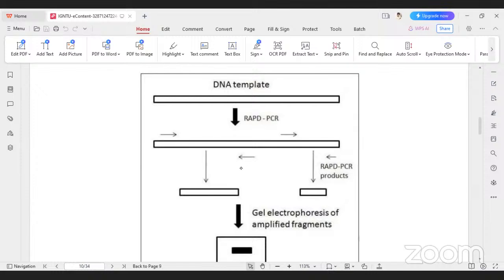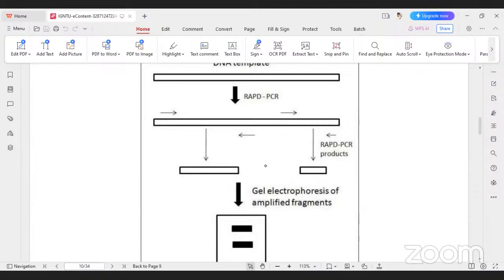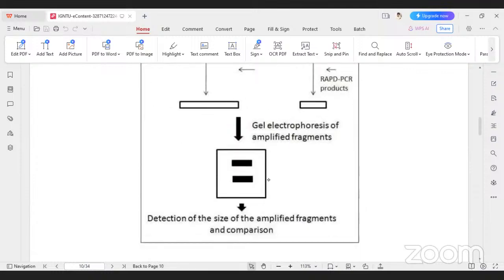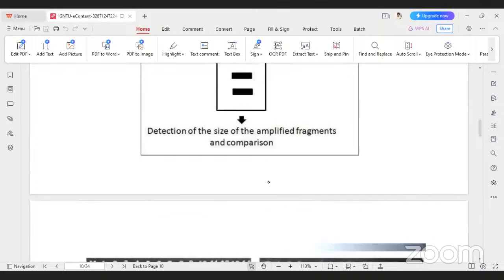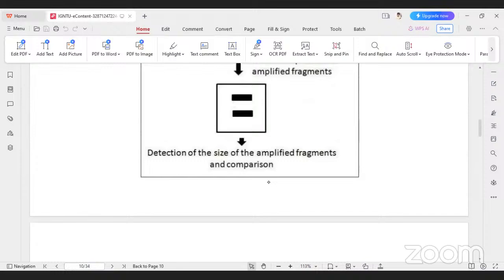But in RFLP, only the fragments obtained are utilized for the further mechanism. But here, after getting fragments, these fragments are multiplied by the PCR mechanism. After that, gel electrophoresis of the amplified products and finally Southern hybridization separates them. So these are the common and simple principle in this RAPD.